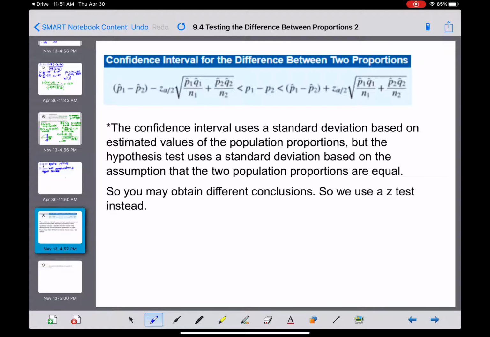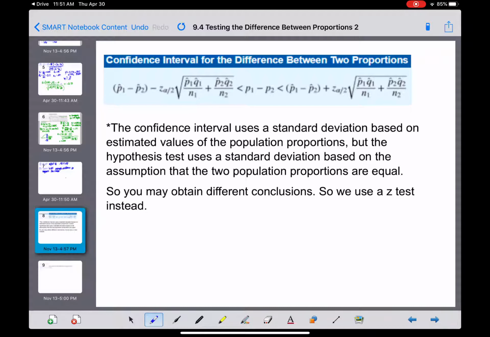All right, so our last thing is the confidence interval. In the last 2 sections, we talked about it also being able to tell us whether to reject or not. The thing that's different about this is that instead of using P bar and Q bar, we're going to use P hat and Q hat.